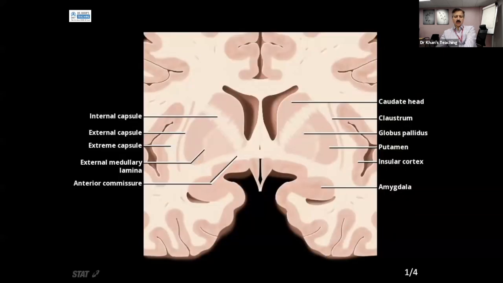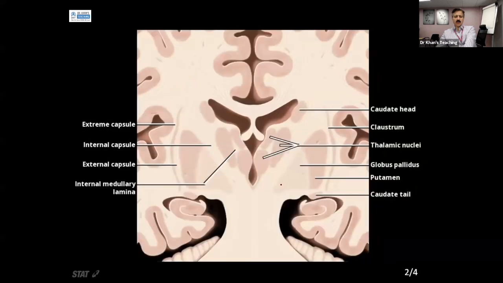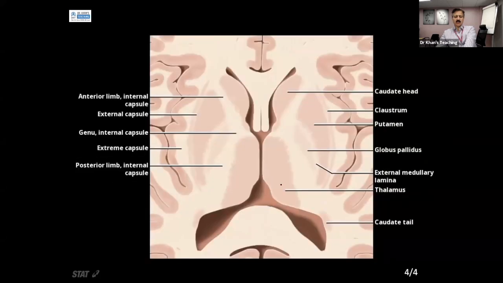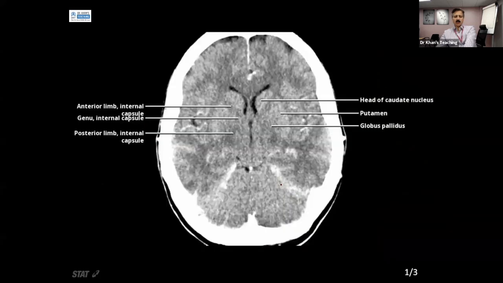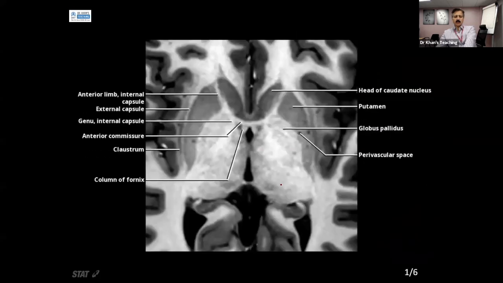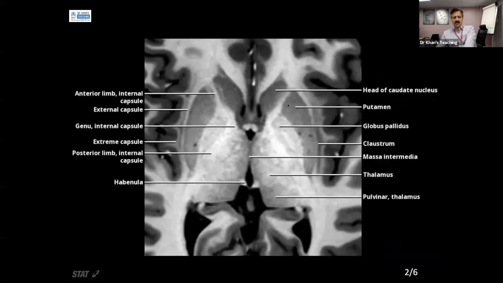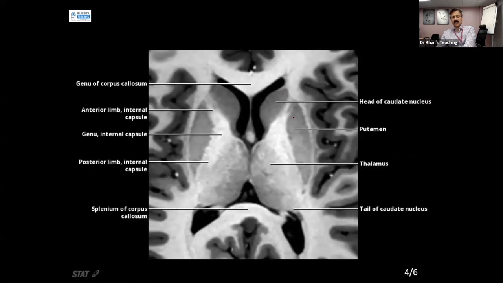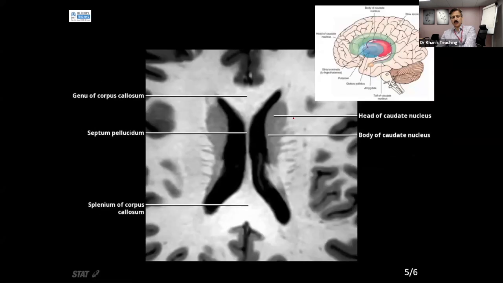So I am going to skip these because we have already covered. The only point I want you to remember is about, so here, this is 3 Tesla MR. So the image is very good, but anatomy can be taught better here. This is head of caudate nucleus, head of caudate. So this is an axial slice and we are going superiorly.